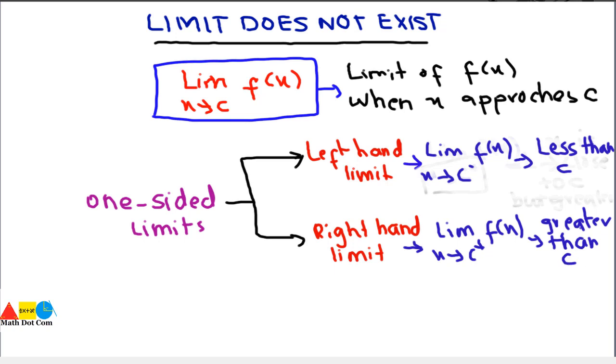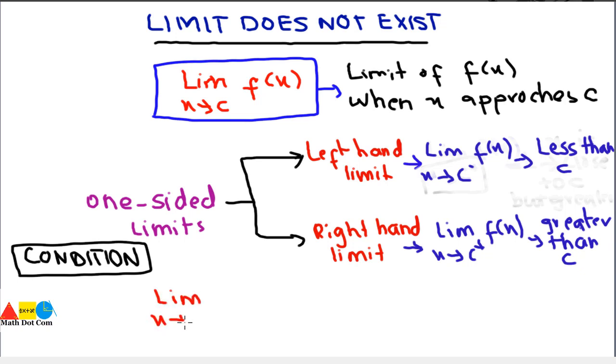Now, after understanding the concept of left- and right-hand limits, a condition is required for a limit to exist. Let's see what the condition is. This is very important for determining whether the limit exists or not. The condition is that the limit of x approaches c plus, f of x should be equal to the limit of x approaches c minus, f of x.